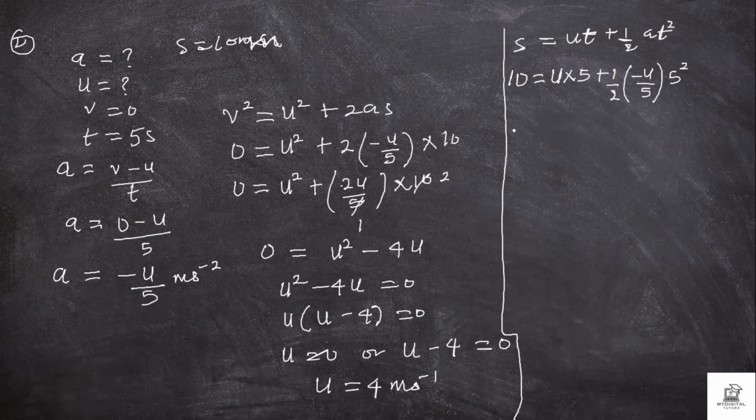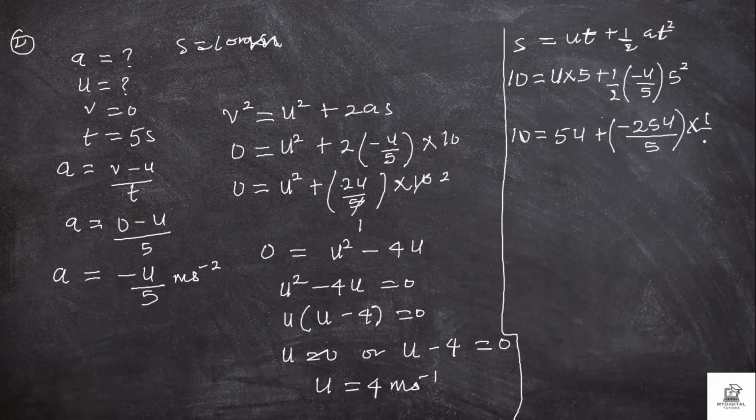So this is 10 equal to 5U. Let's open the bracket. This is a numerator, this is the denominator. I'm going to have plus, open bracket, 5 squared is 25. That will be minus 25U all over 5, isn't it?